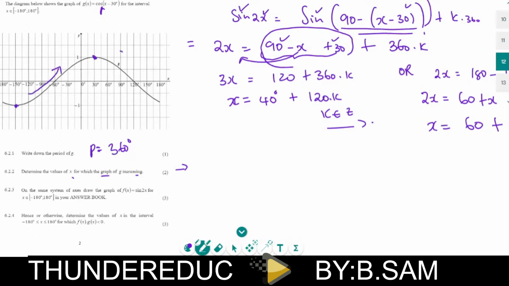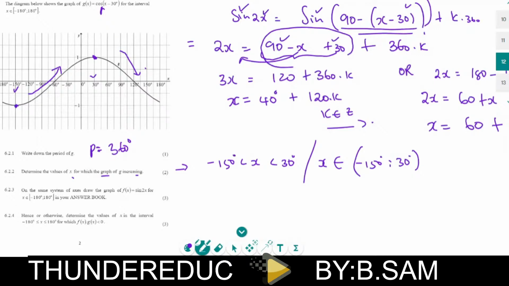From a maximum sloping downwards, that is a decrease. So I'm interested in this x and then that x value. So we shall say negative 150 is less than x is less than 30. Or someone can simply tell us that x is in the set between negative 150 and positive 30 degrees. There we go.